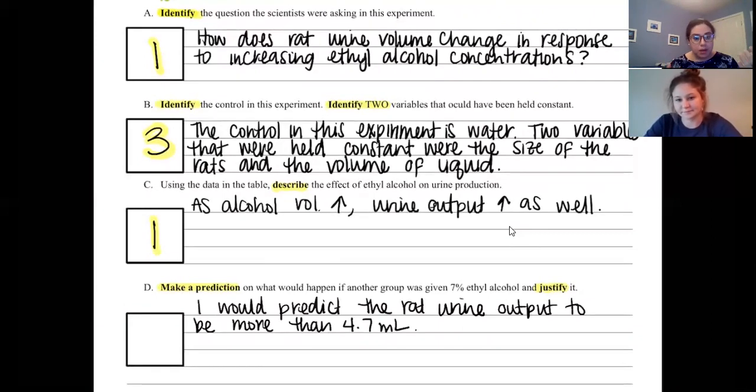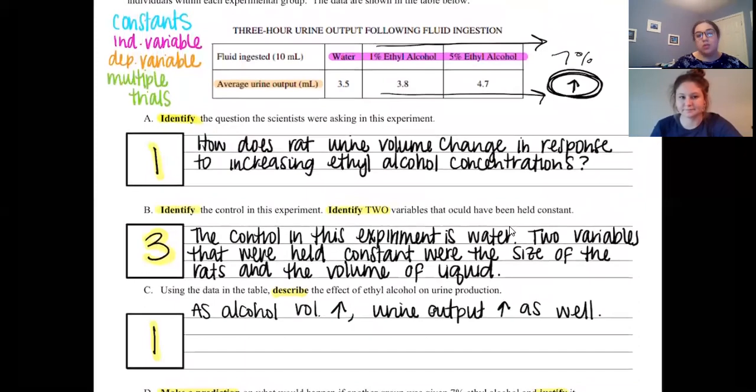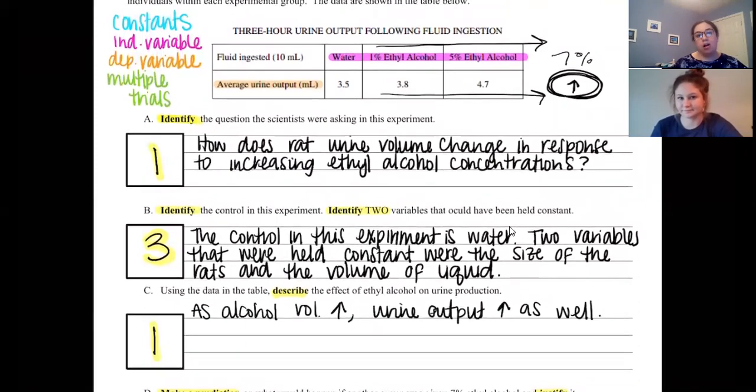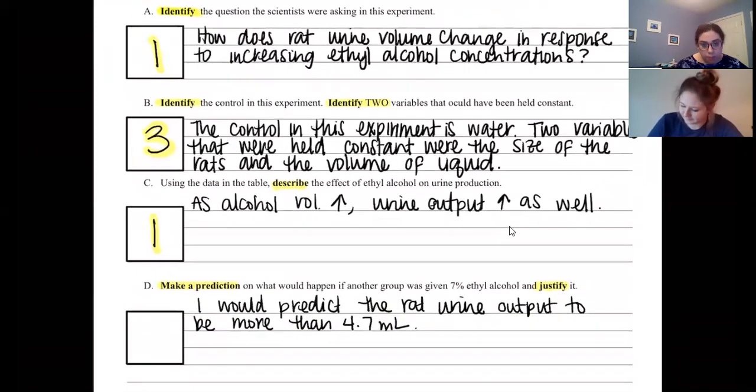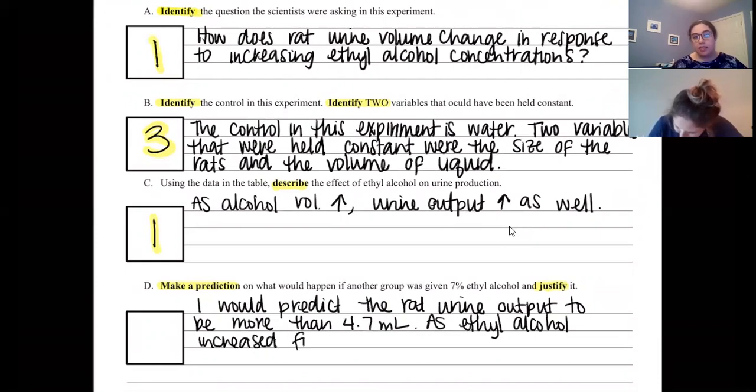That's your prediction. Now, how do you justify it? You go back and you talk about the data again. So you would say, as the ethyl alcohol increased from 1% to 5%, the volume of urine increased as well from 3.8 to 4.7.